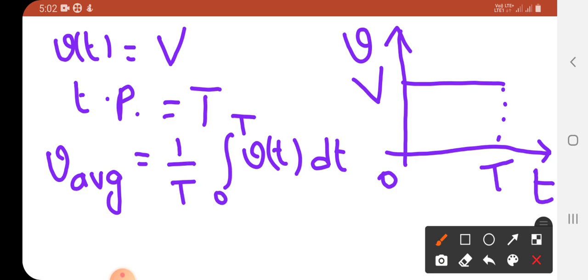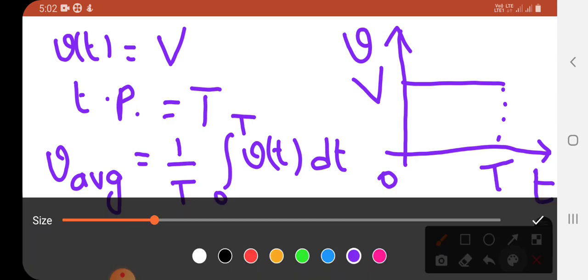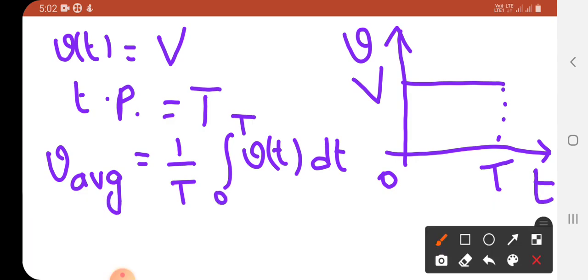We know that V of t is V only. So we can write this as 1 by T integral 0 to T V dt.